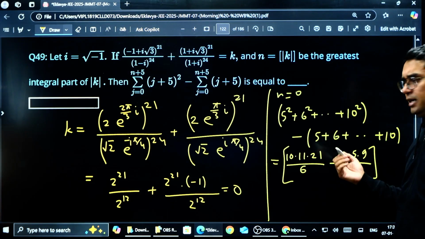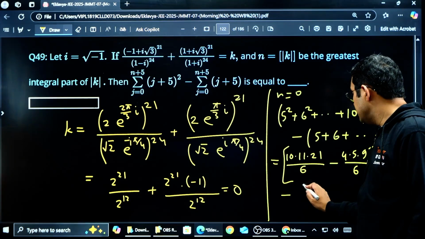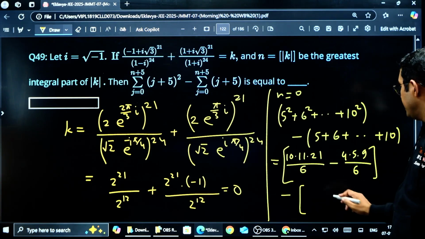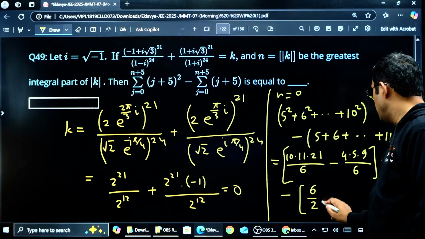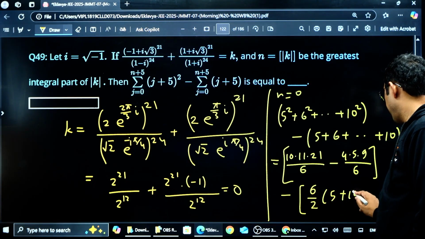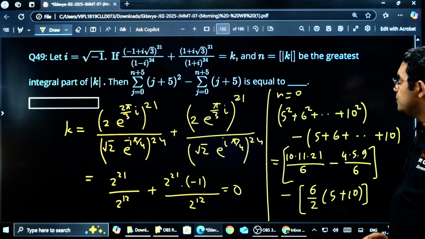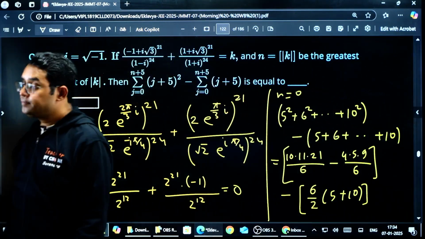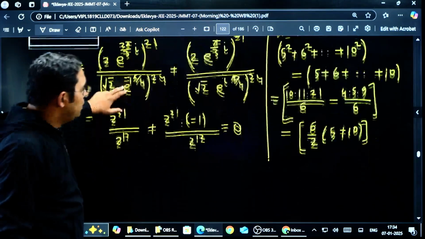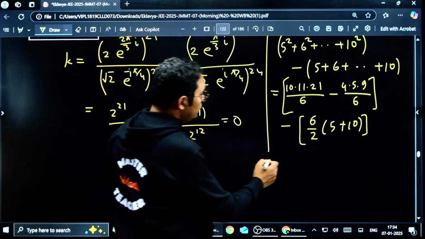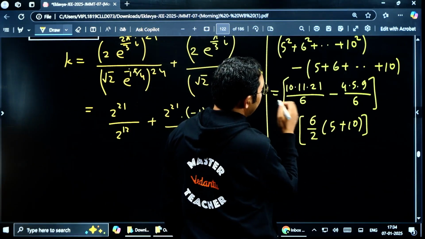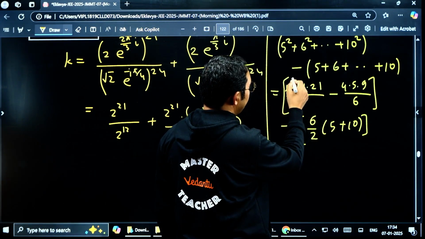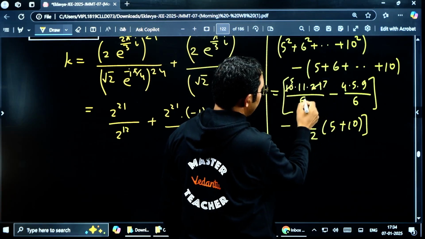For this, I think it is not needed. I think it is directly the sum of 6 terms of an AP. So 6 upon 2 into A plus L. Okay. So I think we'll get the answer from this. So we will be getting here 6 will cancel 21 and 10. I think 5 times here and 7 times here.